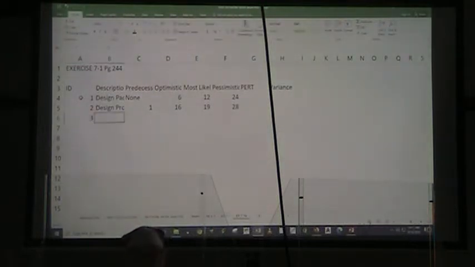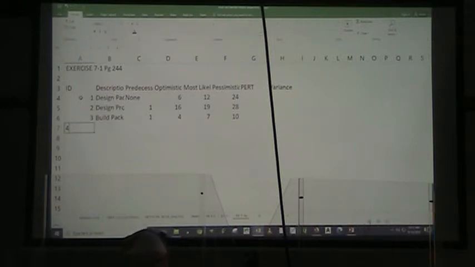Then activity 3 is build the package. The predecessor is 1 for that. The optimistic time is 4, most likely is 7, and pessimistic is 10.